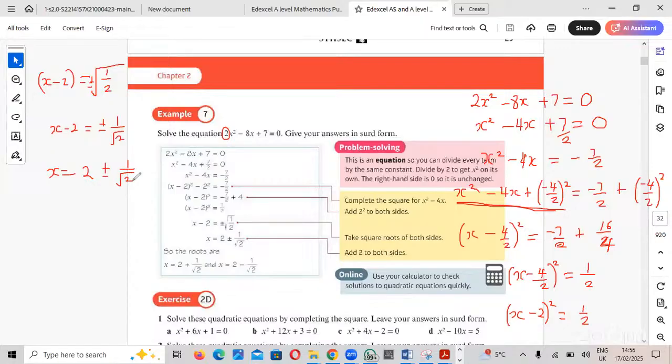So x is equal to 2 plus 1 over root 2, or 2 minus 1 over root 2.